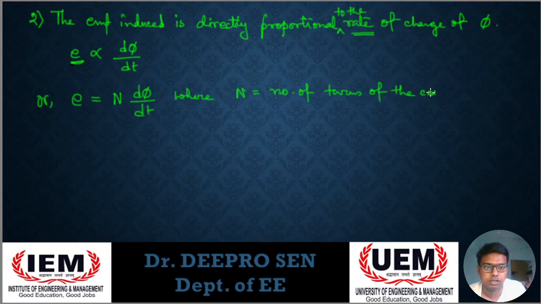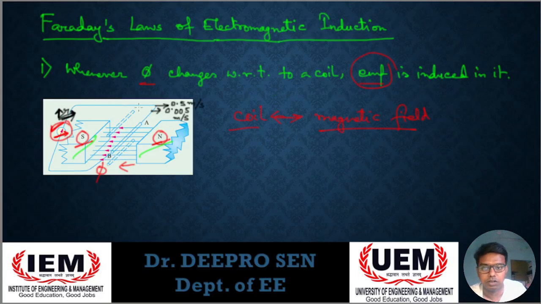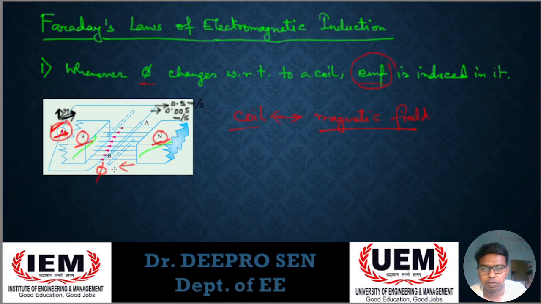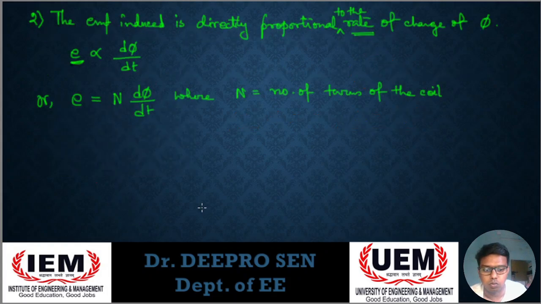That means in this diagram there was one single wire. For this, N is equal to 1.